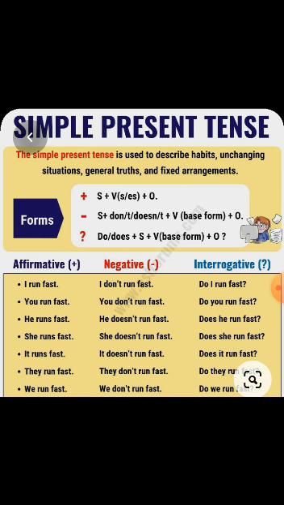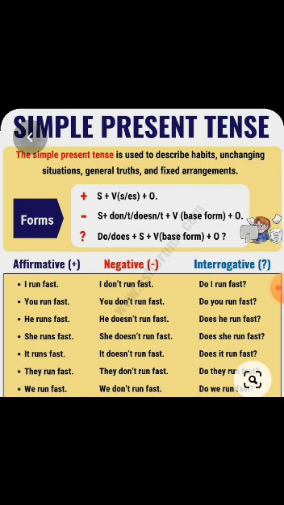As we all know, in present tense we have four types of tenses. The first one is simple present tense. Simple present tense is also called present indefinite tense, and this tense is used to describe habits, our daily routine, general truths, and situations, whatever we do in our day-to-day activity.